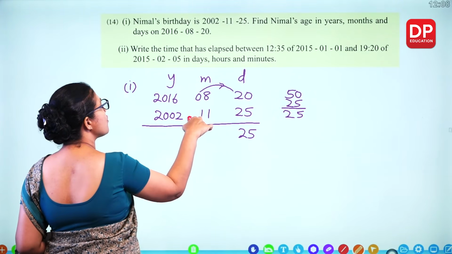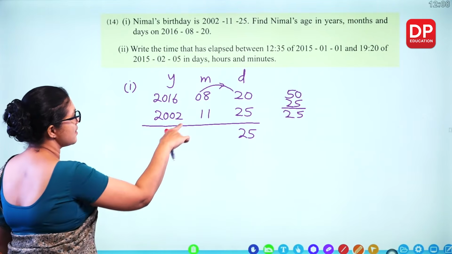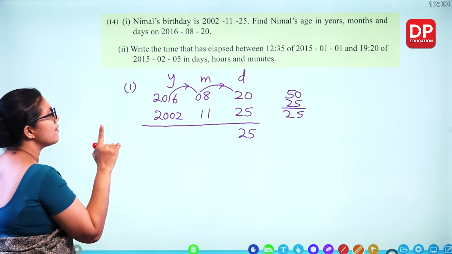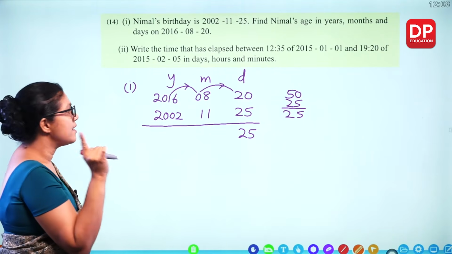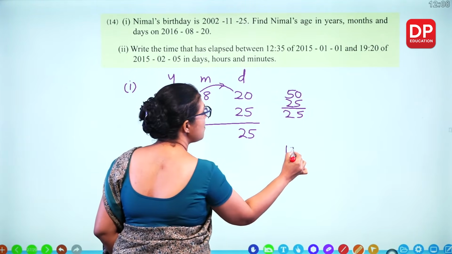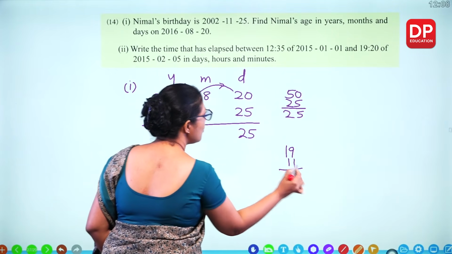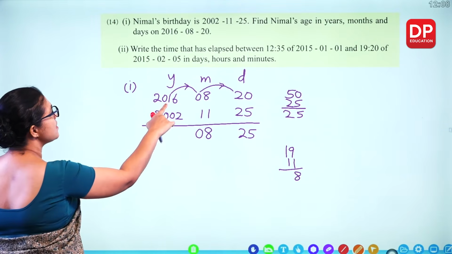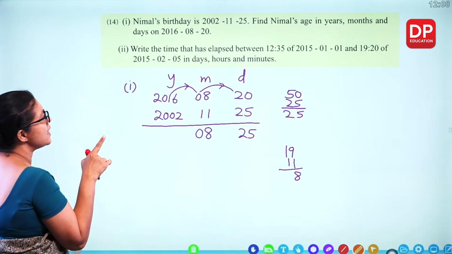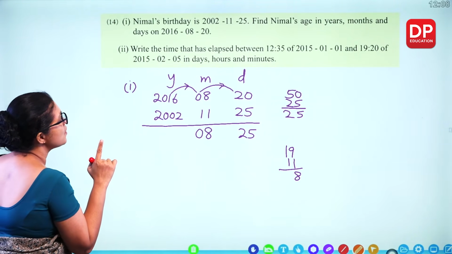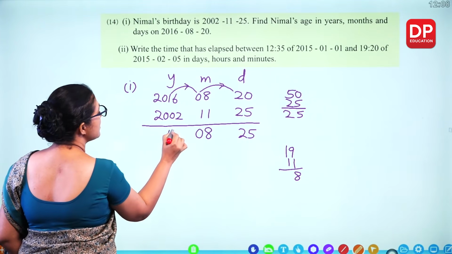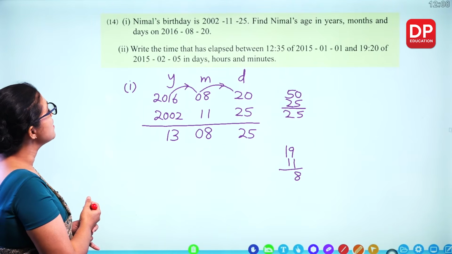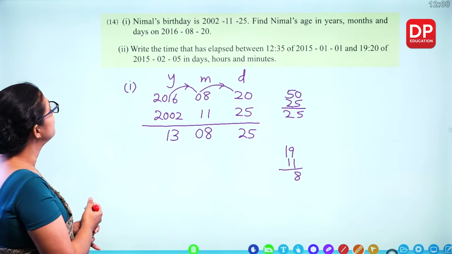You can't subtract this number from 7, so we take 1 here. That means 12. 12 plus 7, 19. 19 minus 11, you get 8 here. Then this becomes 2015. 15 minus 2, you get 13. So 13 years, 8 months and 25 days.